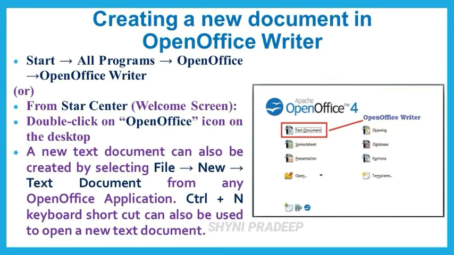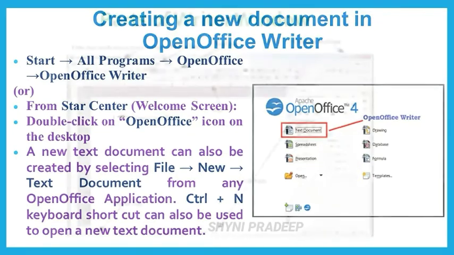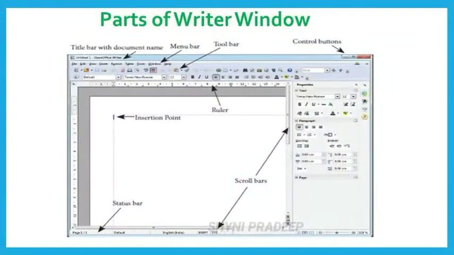If you want to create a text document, you have to select the options File, New, Text Document. Otherwise you can use the keyboard shortcut Ctrl+N keys. It is also used to open a new text document. When you do this, the new document window will appear on your screen. This is the document window.